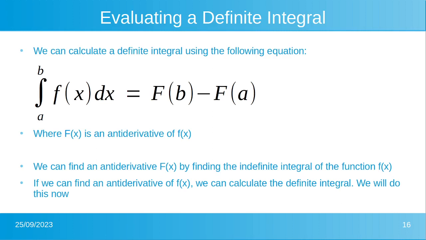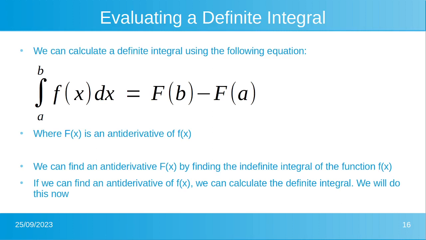So capital F of b is the antiderivative capital F of x where x is equal to b, and capital F of a is the antiderivative capital F of x of the function f of x where x is equal to a.